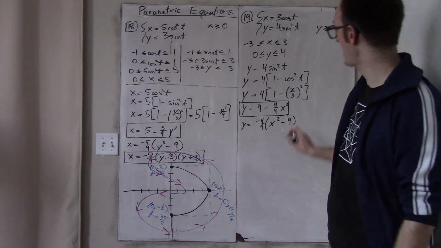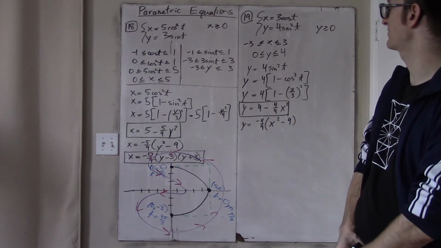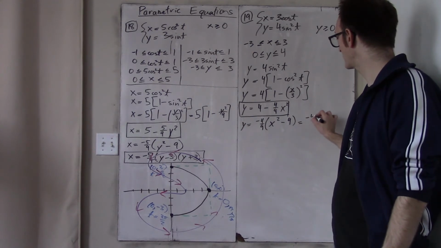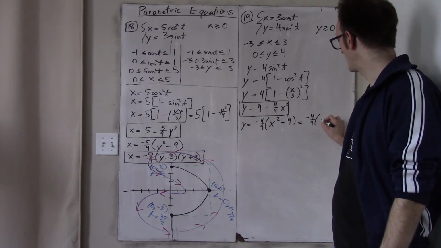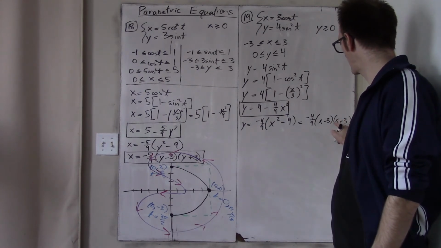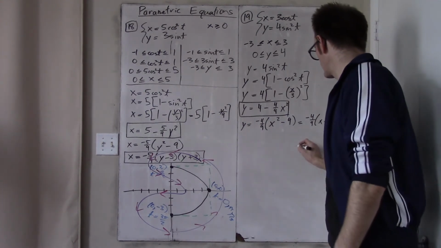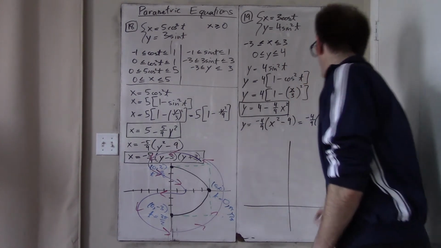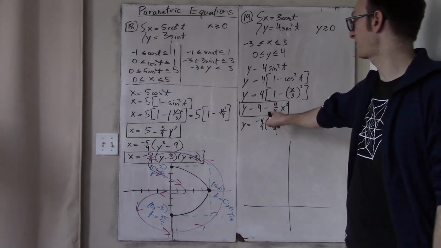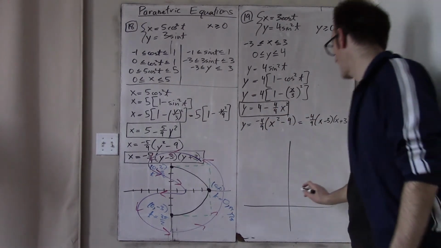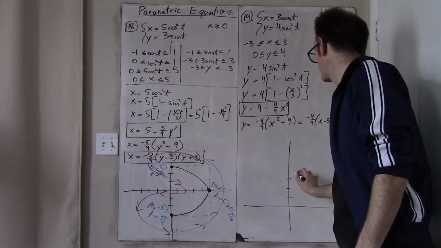Negative 4/9 times negative 9 is plus 4, which is really negative 4/9 times x minus 3 times x plus 3. And so you have two different ways of thinking about what's going on here. On the one hand, this is just a parabola. What kind of parabola? Upside down parabola. When x is 0, y is 4. So 1, 2, 3, 4.